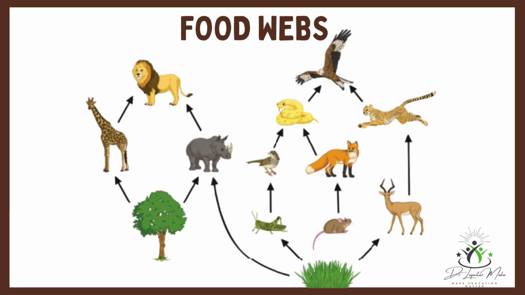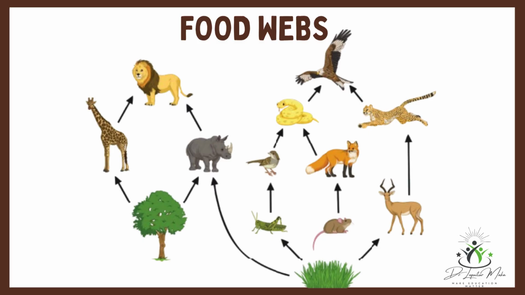And then this tree is not only consumed by the rhino, but the giraffe as well consumes this tree. And then both of these, the rhino and the giraffe, can be consumed by the lion, right?